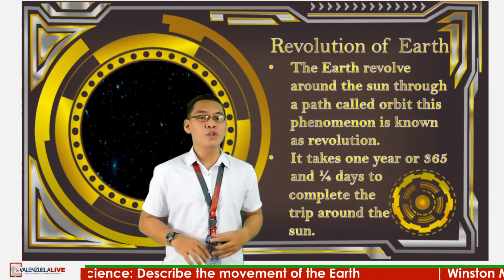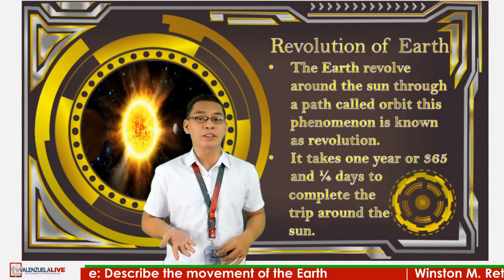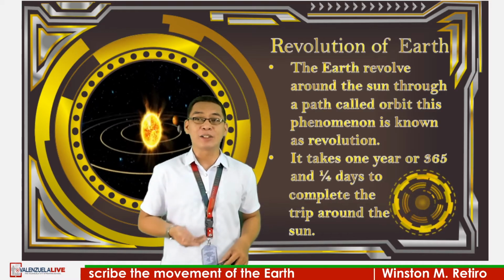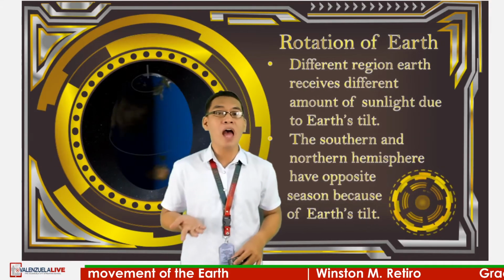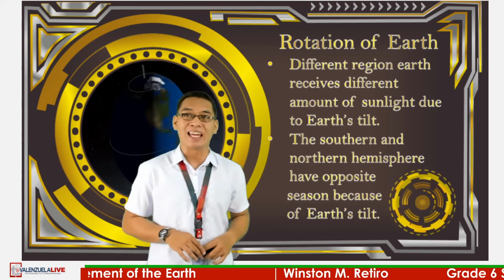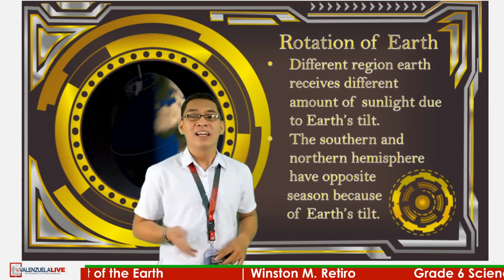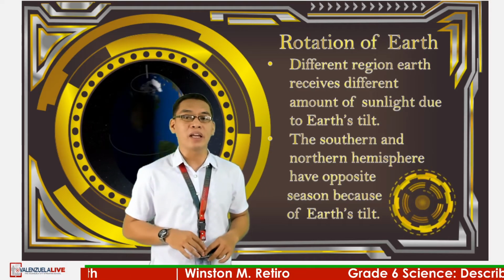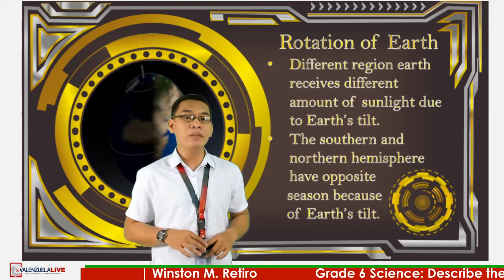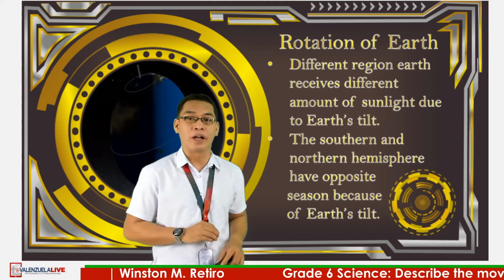The Earth's revolution around the Sun is one of the reasons why we have seasons. Seasons are not caused by how close the Earth is to the Sun. In fact, the Earth is closest to the Sun around January 3 and farthest away from the Sun around July 4.